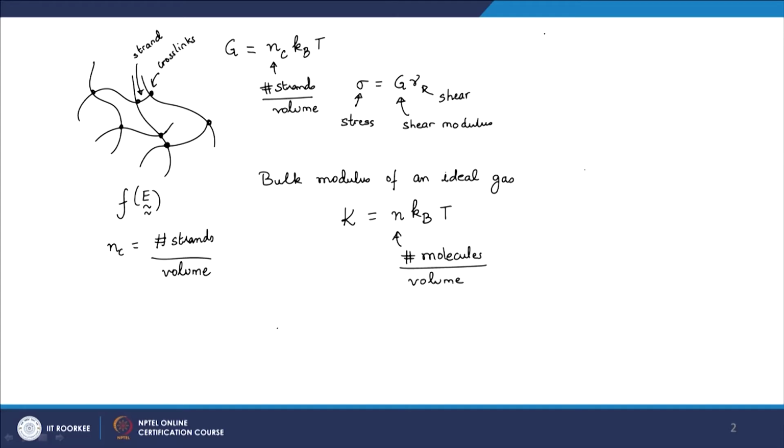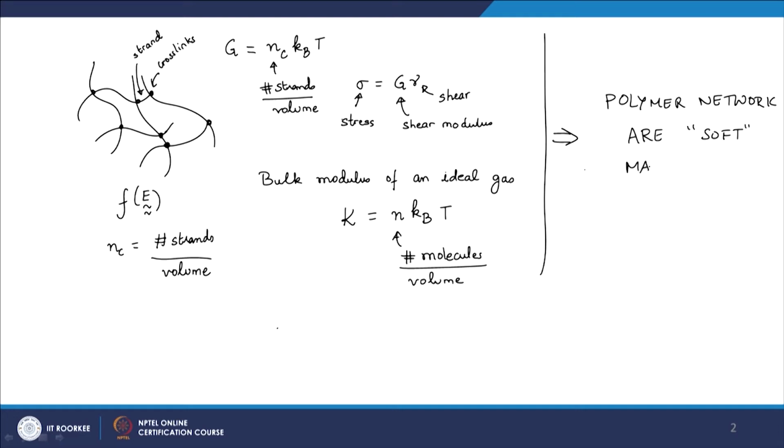So this explains that polymer networks are soft materials, as opposed to, say, hard materials like metals and so on.